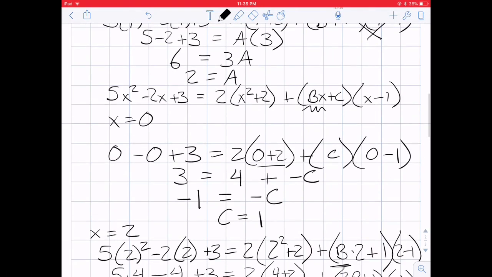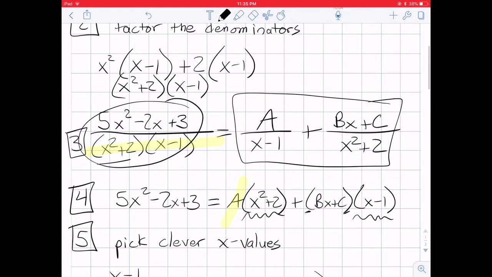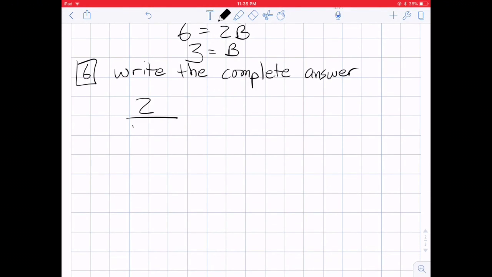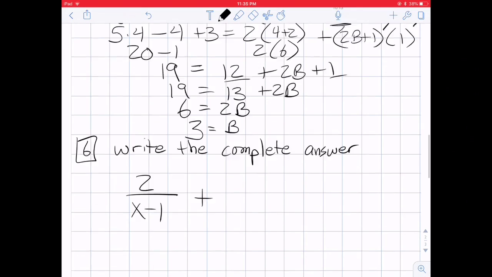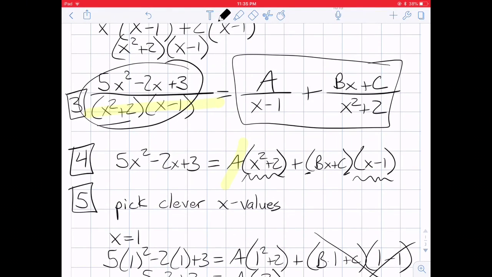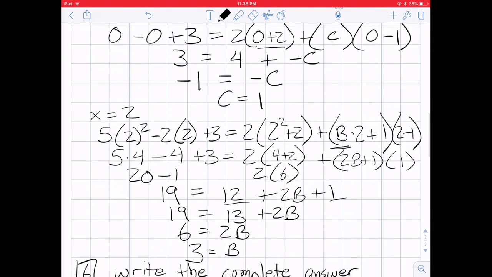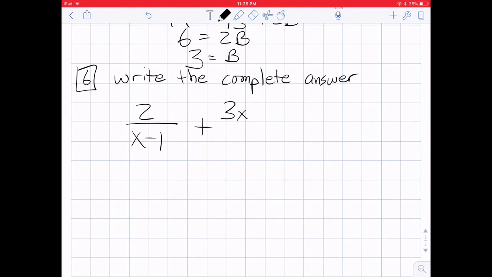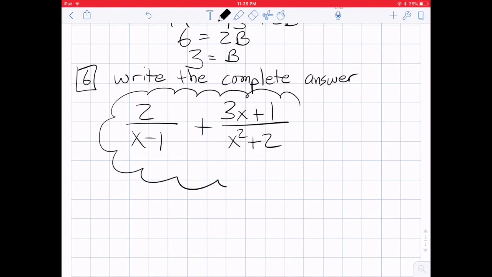So A was 2, and that was over x minus 1. So 2 over x minus 1. And Bx plus C was over x squared plus 2. B was 3, C is 1. So this is 3x plus 1 over x squared plus 2. So this is my partial fraction decomposition.